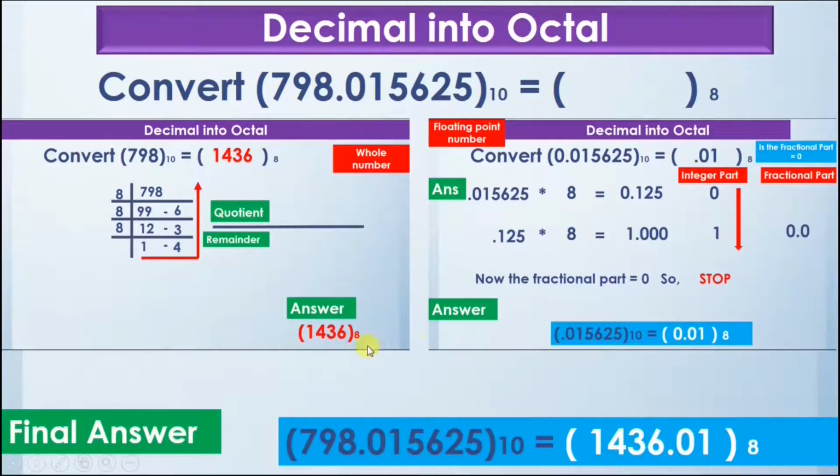So the final answer is 1436 from this side and 0.01 from here, that is 1436.01 in octal. So this is how we can convert decimal into octal using numbers that have a whole part as well as a fractional part.